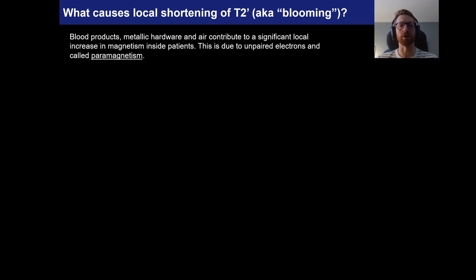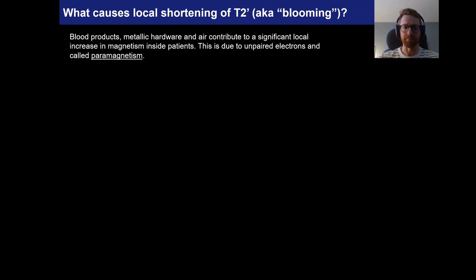What causes shortening of T2 prime, aka blooming? So in short, paramagnetic and diamagnetic substances. Paramagnetic substances, examples include blood products, metallic hardware, even air. And these have unpaired electrons associated with them, which can augment the local magnetic field, increasing magnetism locally.